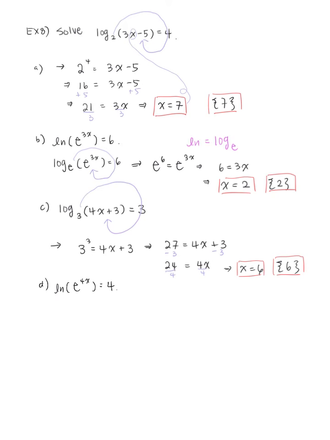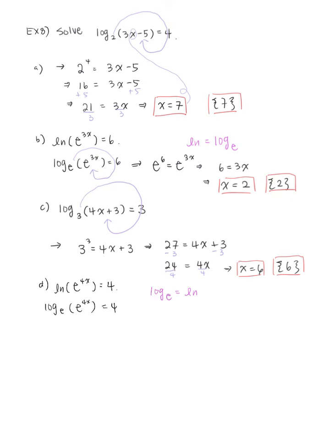All right, so I'm not too comfortable with ln, so I'm going to write it as log base e, which is precisely ln. So here I'm going to write ln in terms of log base e of e to the 4x equals 4. By the way, you don't have to do it this way. If you know the definition, just go straight through, okay?